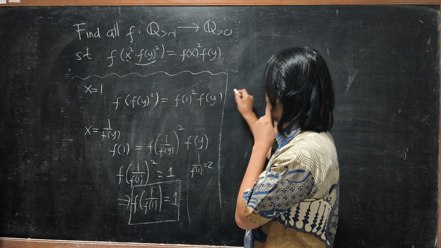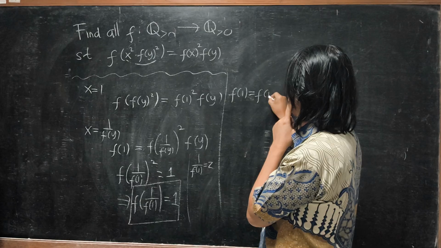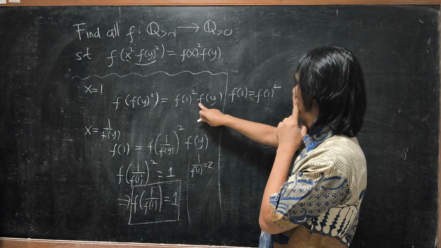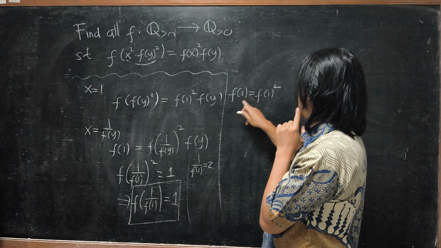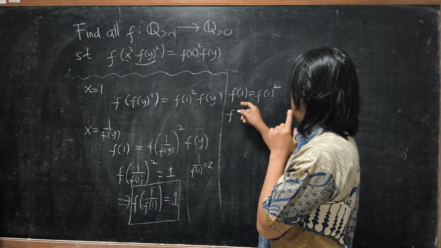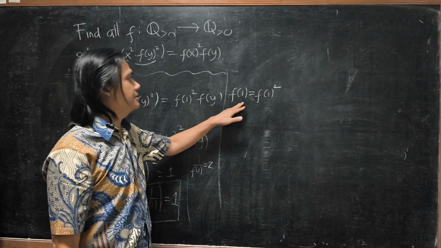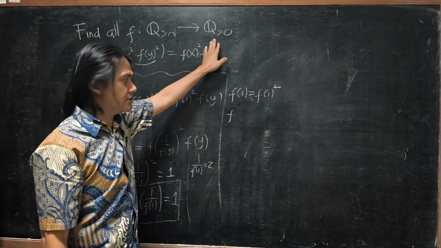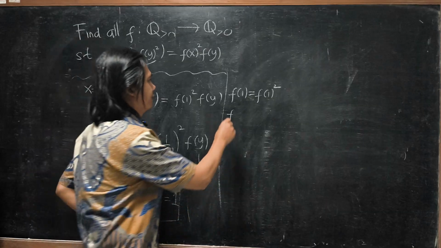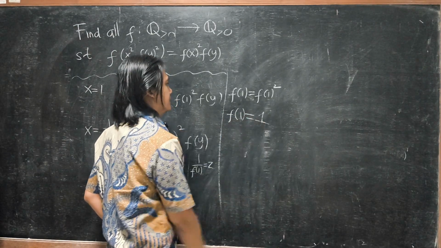So f of 1 is equal to f of 1 squared times f(z), which is equal to 1. Then we conclude f of 1 is equal to 1 or 0, but we are working on the positive rationals. Therefore, f of 1 is equal to 1.